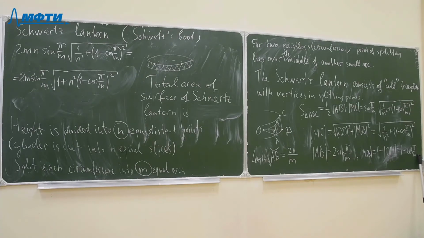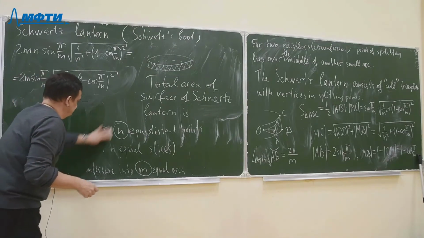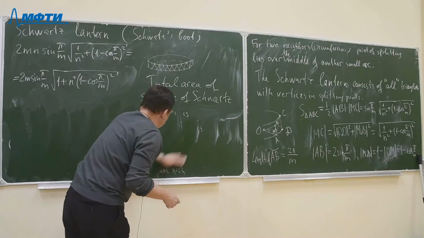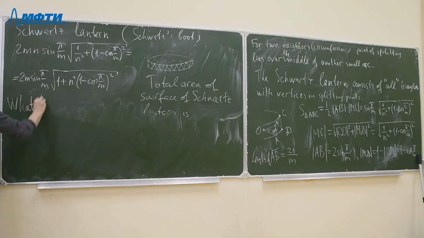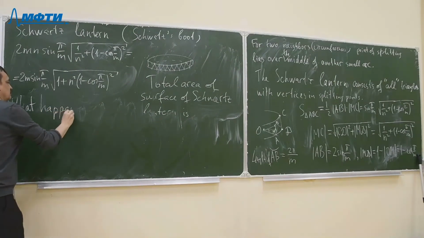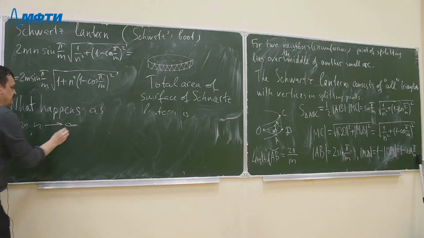Each of them can be made as large as we want, right? And we can increase both of them independently of each other, right? So how we want. Now let's try to understand what happens as mn tends to infinity?